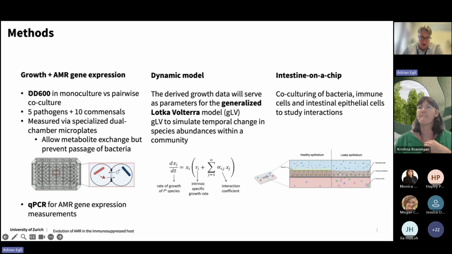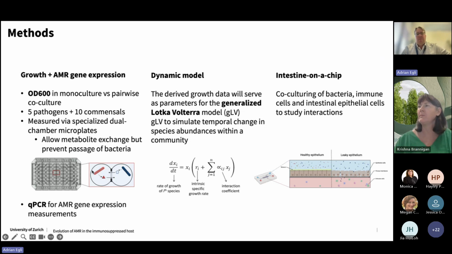The first one is that we will generate dual plates, and we have these plates now in the lab, where you can grow bacteria in one plate and have a second bacteria in the other plate. These bacteria are not in direct contact, but the metabolites affect each other.